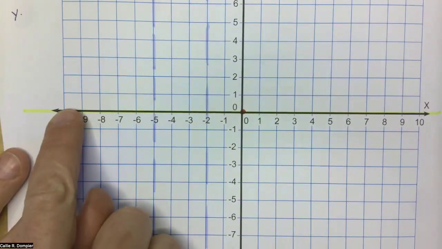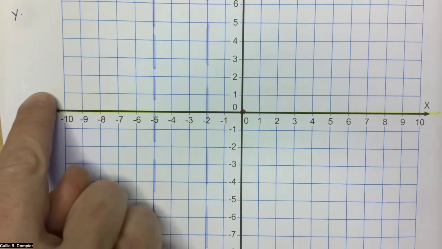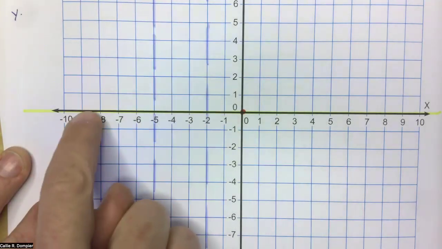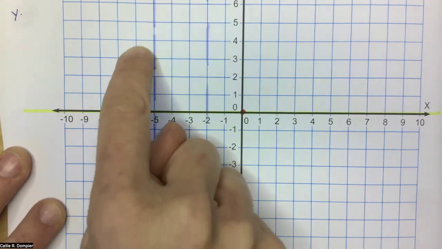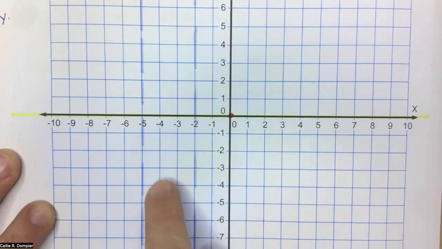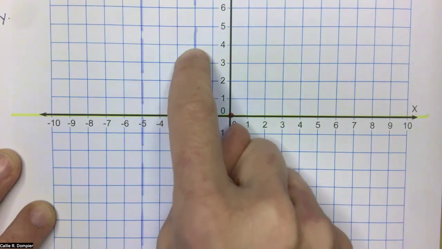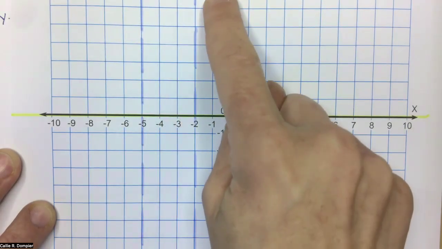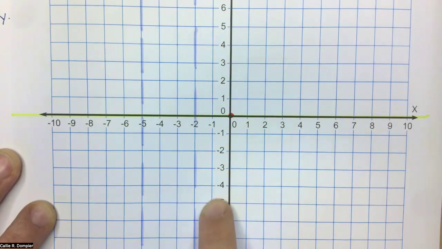Let's count them. It has to be going towards negative infinity, so it's either up here doing that, or it's down here doing this, right? Here, it has to be either going down like that, or up like that. And then here, it's either doing this, or doing that.